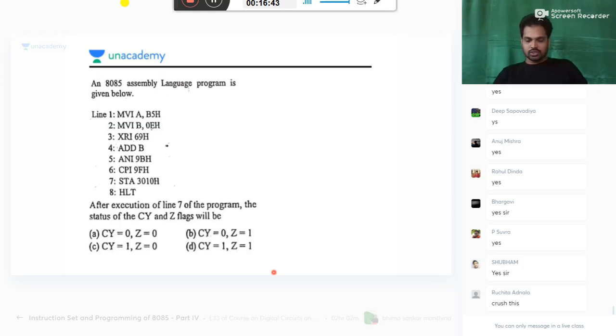It is a two-part question. This is the first part: after the execution of line 7 of the program, the status of the carry and zero flags will be.